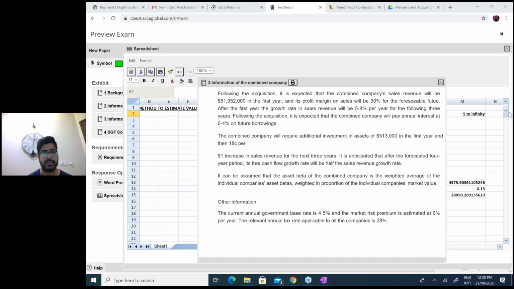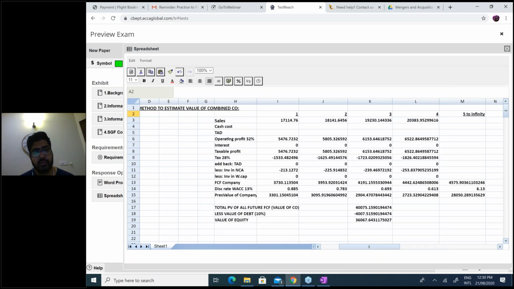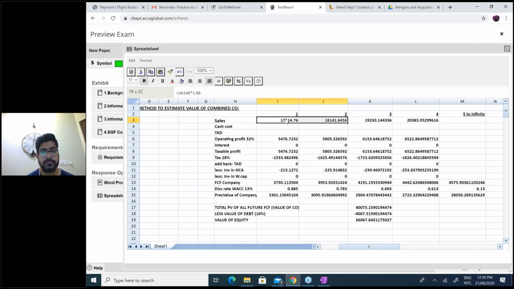Okay, now pay attention, please. If I intend to use the FCF to company method to estimate the value of the combined company, what is the combined company's revenue in the first year?